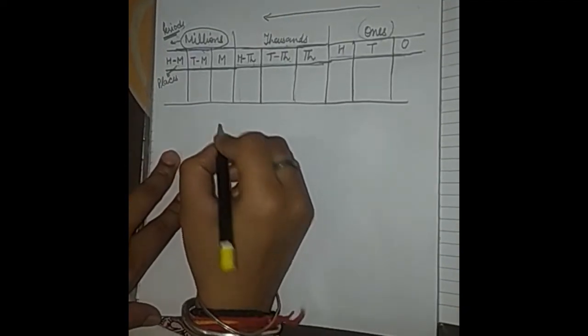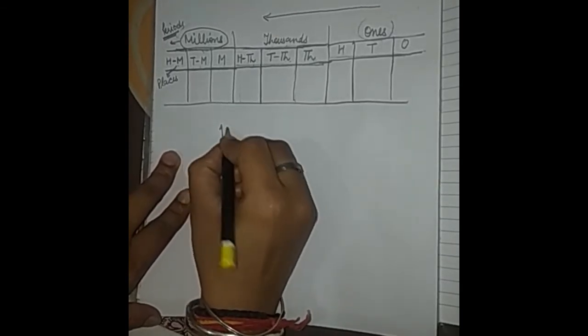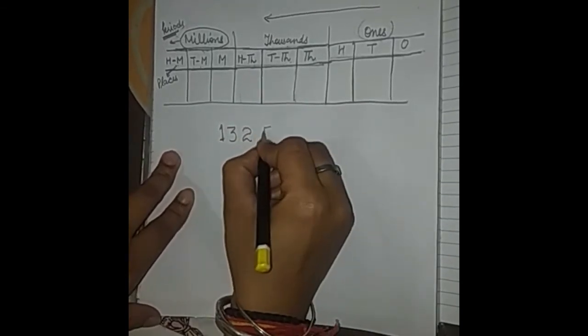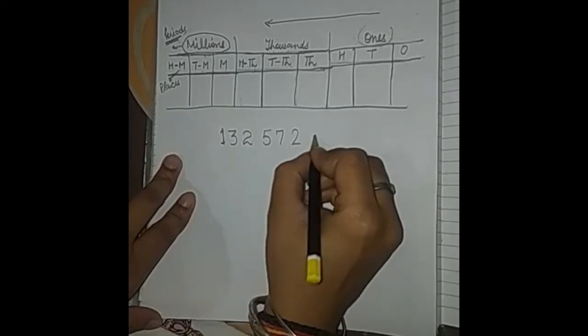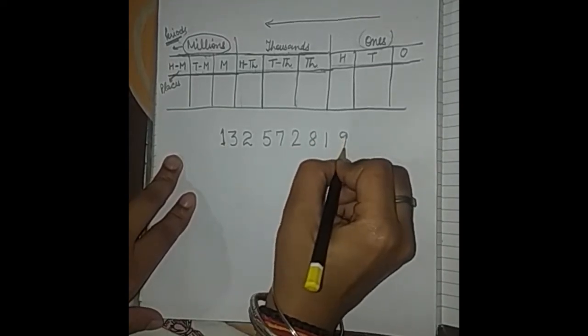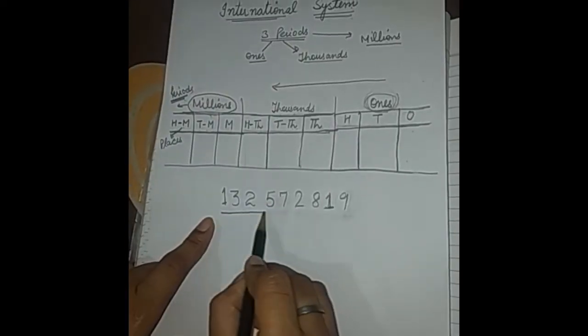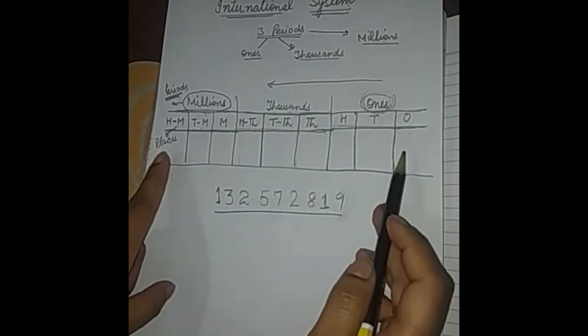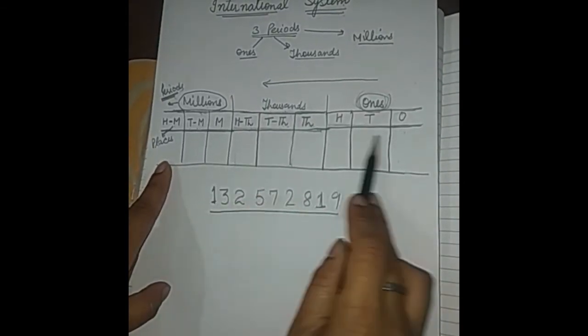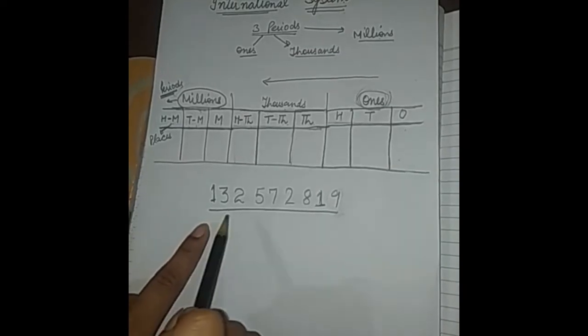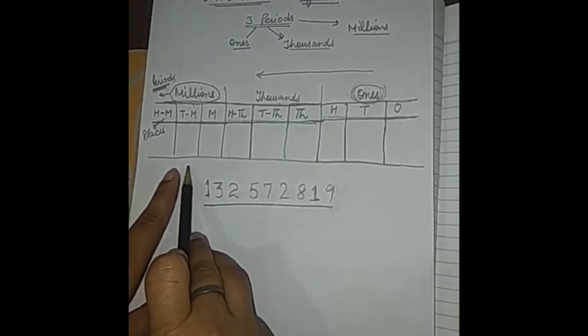Now let's take an example. I'm writing a large number: 132,572,819. We are going to place this large number on a place value chart according to its position. You have to remember that we always place the number from right to left.